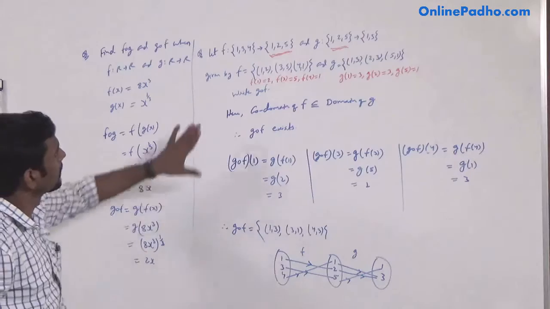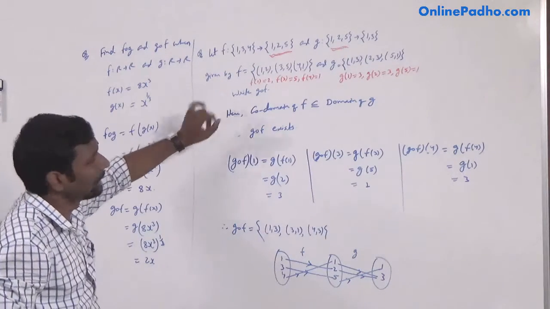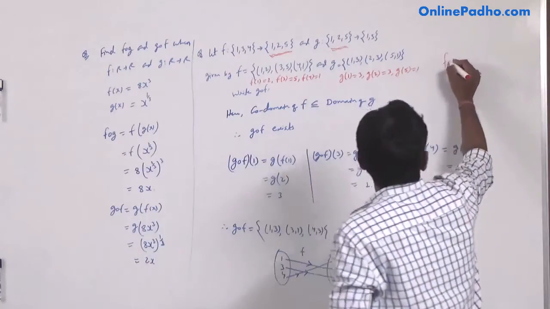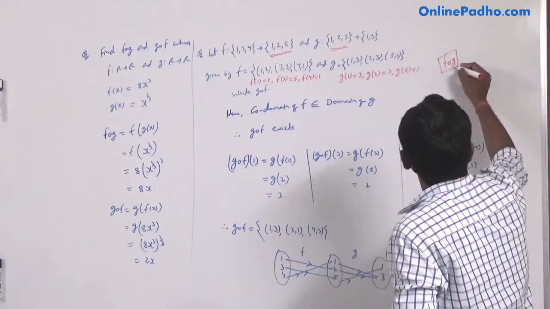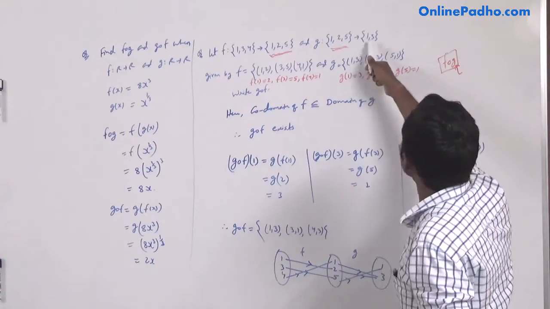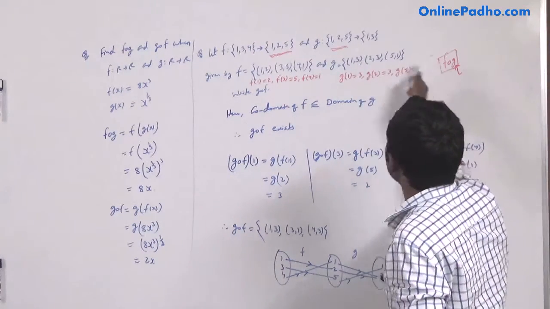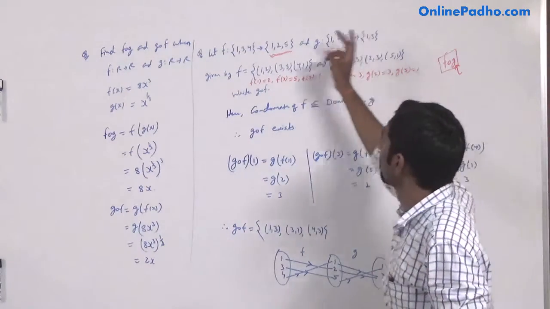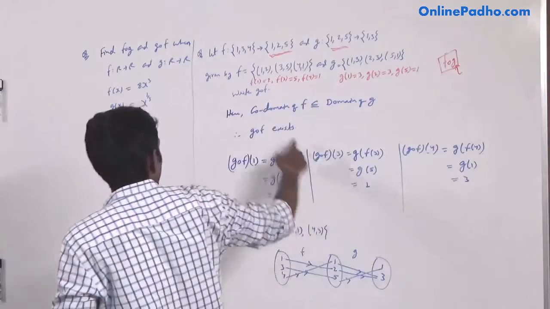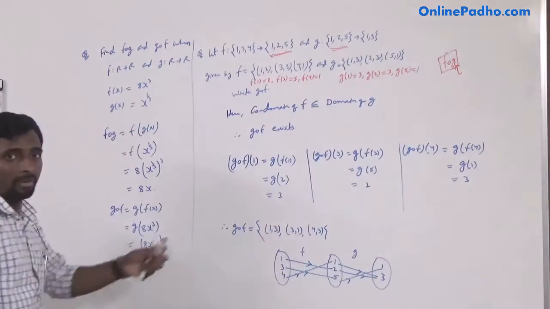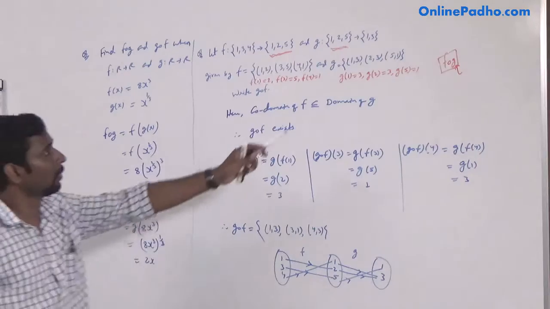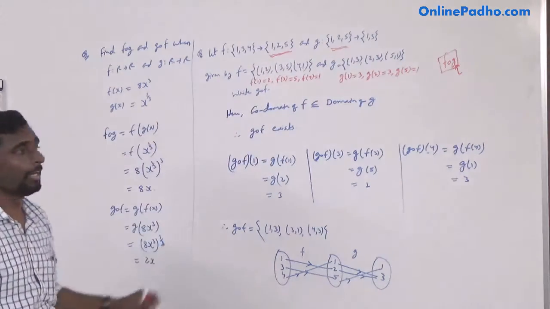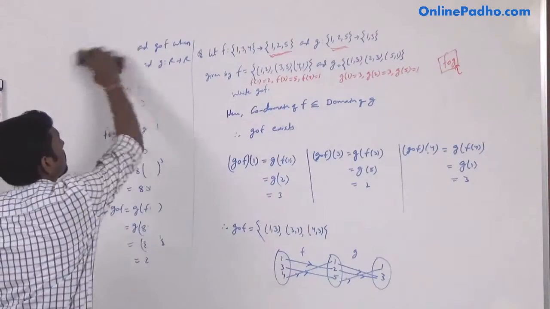In this case, can we find FOG? The codomain of g, {1, 3}, is a subset of the domain of f, {1, 3, 4}. Yes, so we can also find FOG in this question, because the codomain of g is a subset of the domain of f.